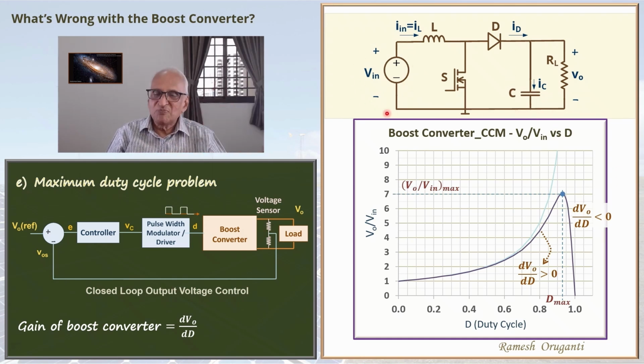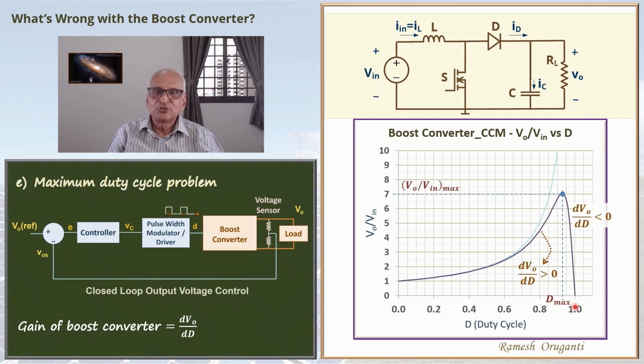The reference voltage may be much higher than that. So there will be a large error in voltage between the reference voltage and the output voltage. So the error being high, Vc will be high. So the duty cycle would have gone to the maximum value, maybe close to 1. You end up operating in this region to the right of Dmax. So the circuit may never start.